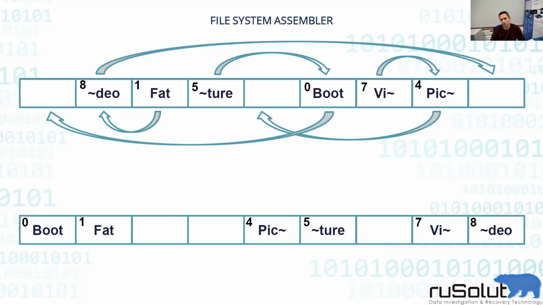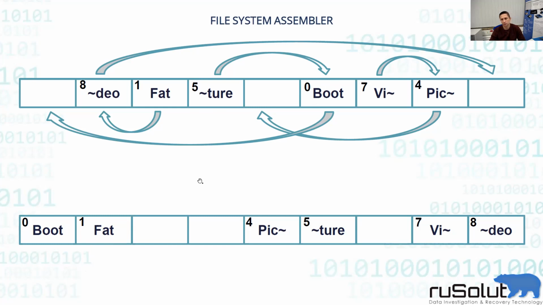To get a good file system, the device should have many not that big files. Ideally, each block will have some unique files, and the file system metadata also should have records about those files. In that case, the file system assembler will be able to recreate the original structure and will place the block with the boot sector in the first position, then the block with path tables, path folders in the second position, and so on and so on.